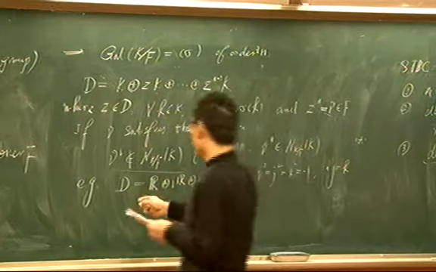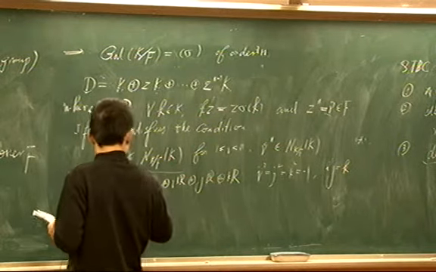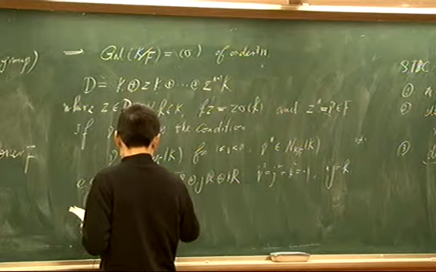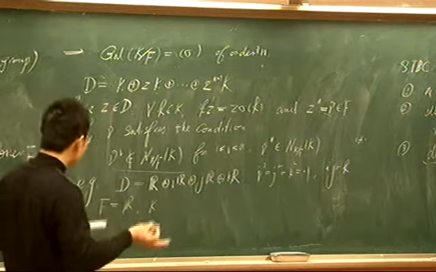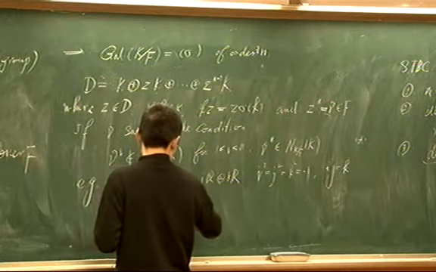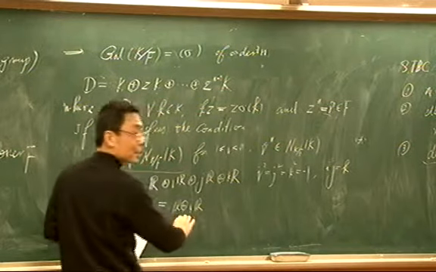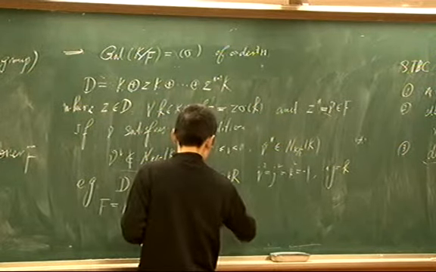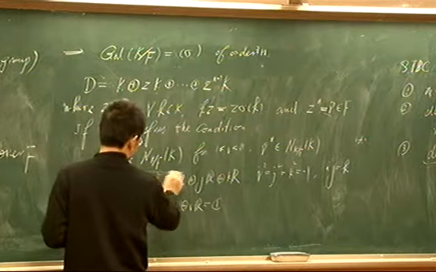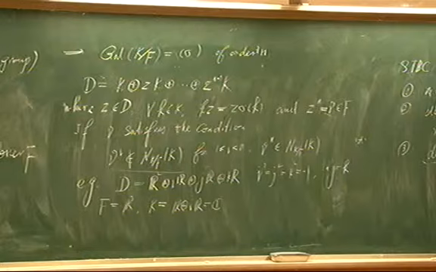For this formula F equals R, and K, maybe we always write R plus iR, is the complex numbers. We can also choose R(j). So I just say a maximal subfield.